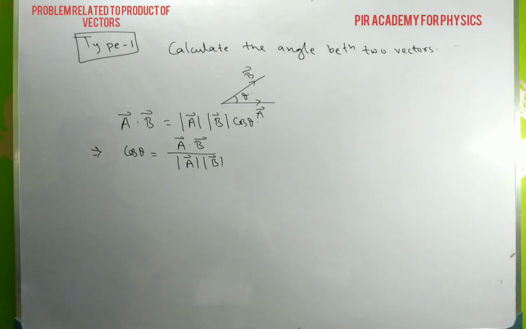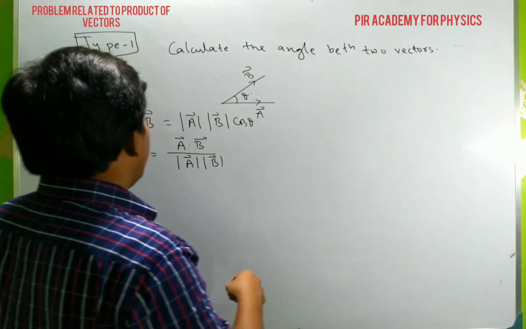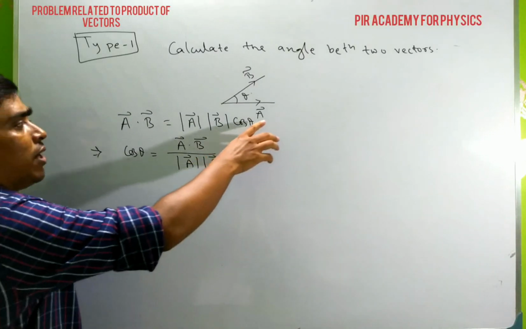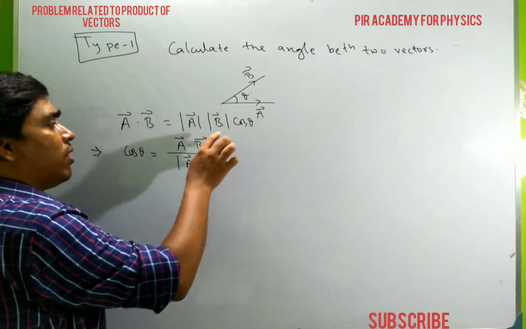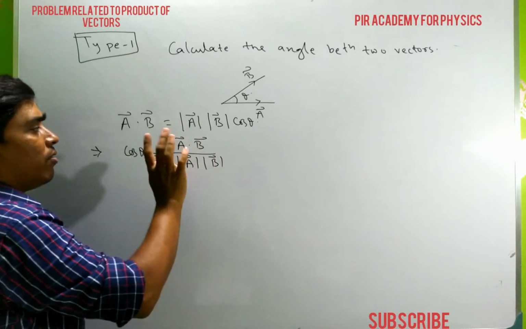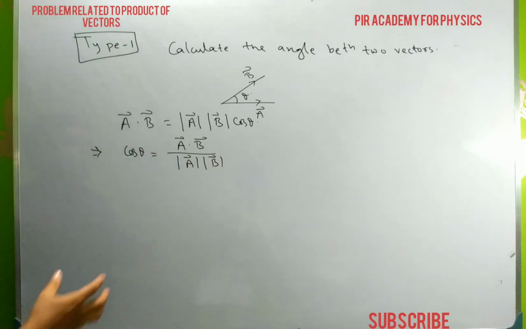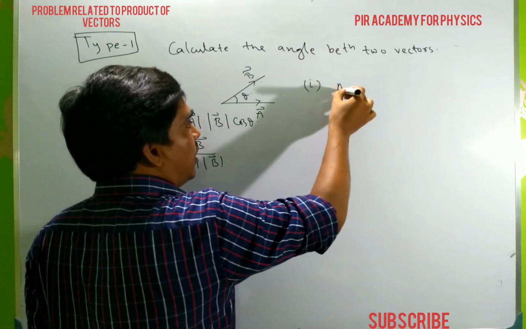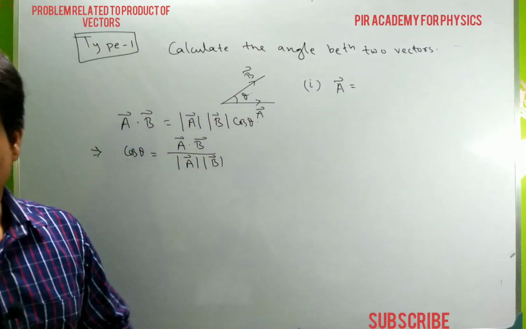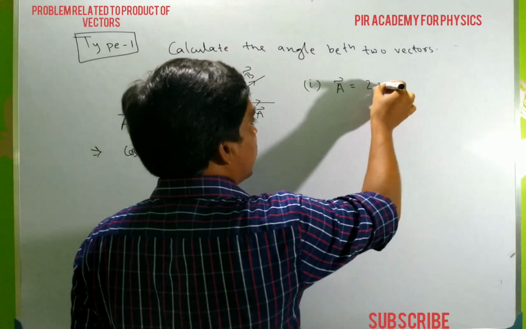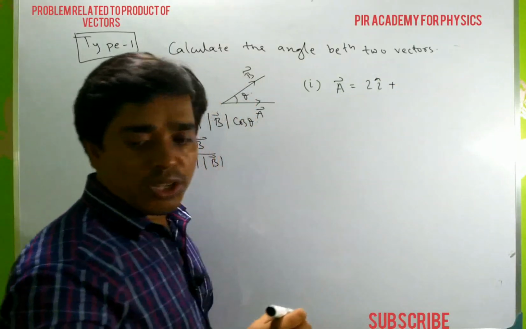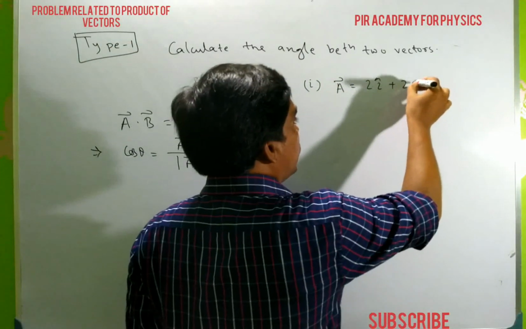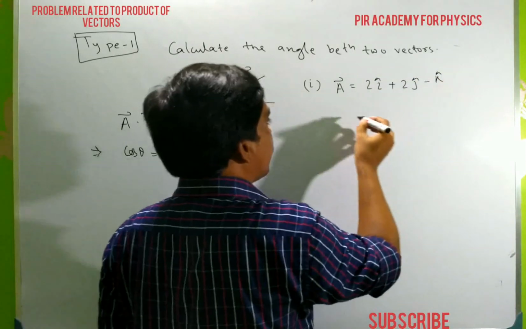Now say you have two vectors. Then you can calculate magnitude of A and magnitude of B, and you can also calculate the dot product of the two vectors. Then cos theta will be calculated, then theta will be calculated. Now say one example. A vector equals 2i cap plus 2j cap minus k cap.